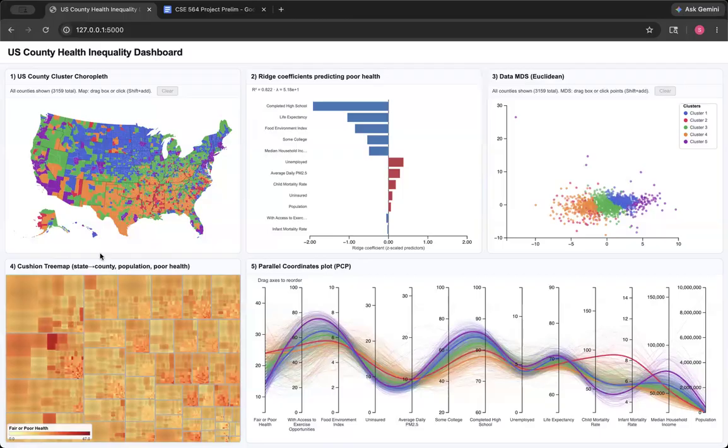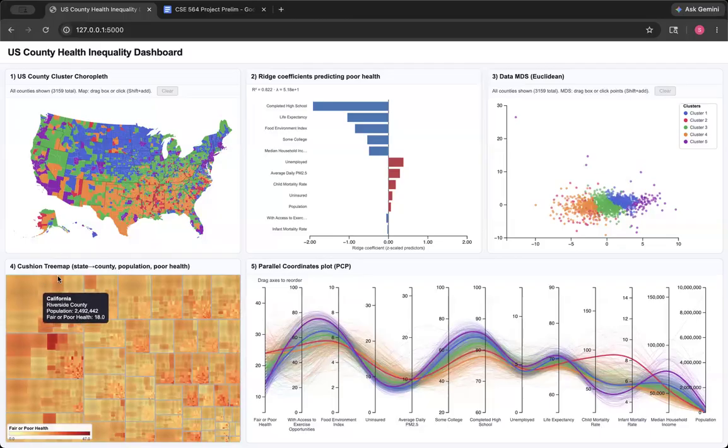And next we have the cushion tree map. I made this cushion tree map because from the choropleth map we can see the geographical area, but area does not give us all the information. For example, if we see a big county and see a poor health rate, we cannot get full information because we don't know if there are many people living in that county or just a few people with poor health.